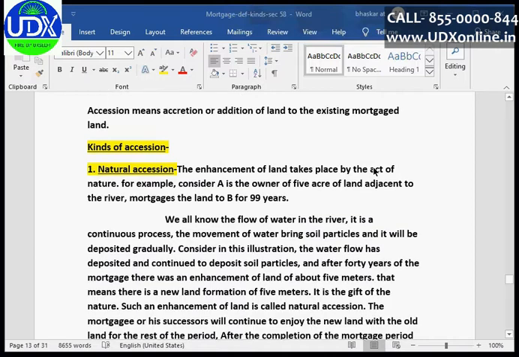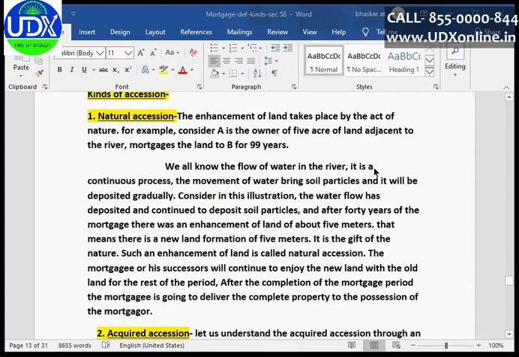Now, how many kinds are there? There are two kinds. One is the natural accession, where the natural forces, Mother Nature, help in the formation of new land. So the formation of new land is called accession, natural accession.